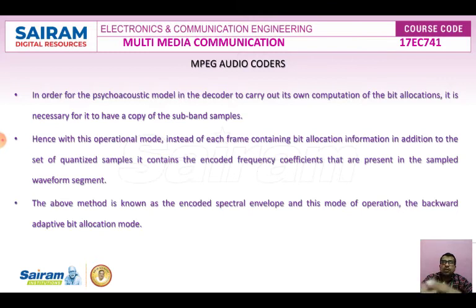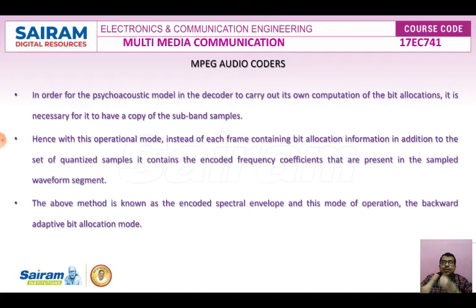The second variation allows the bit allocation per subband to be adaptive while at the same time minimizing the overhead in the encoder bit stream. So the decoder also contains a copy of the psychoacoustic model.